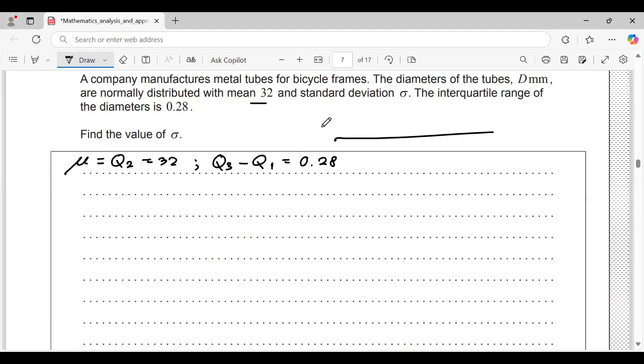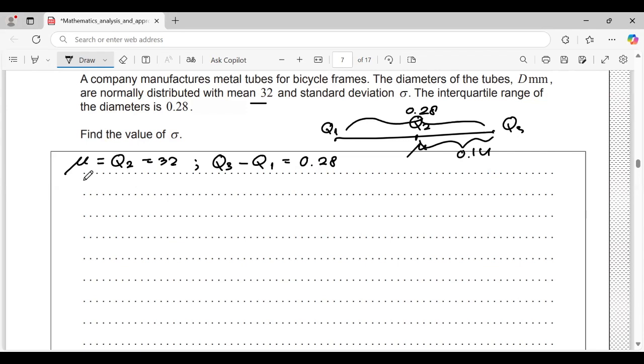If this is the first quartile, this is the third quartile, and in the middle is the second quartile or mu here. So it means this is 0.28. It means between the second and the third quartile, there is 0.14 as well, between the first quartile and the second quartile.